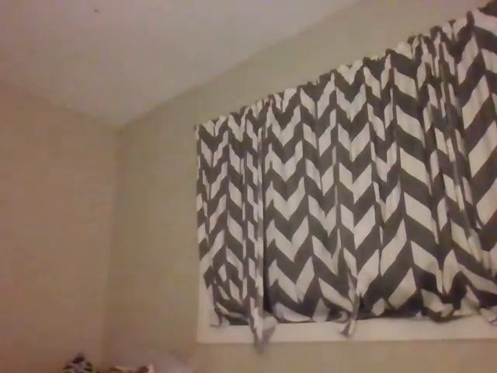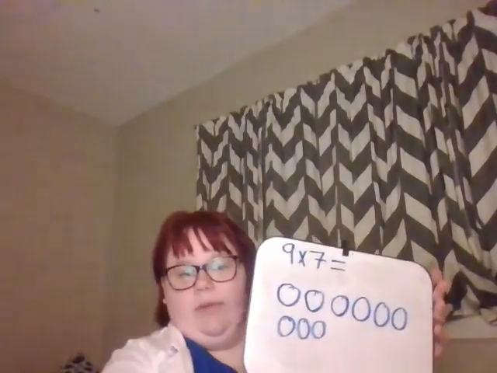The 7 tally marks represents our other factor that we are multiplying by. So, once again, our circles. So let's go ahead and add 7 tallies. 1, 2, 3, 4, 5, 6, 7.